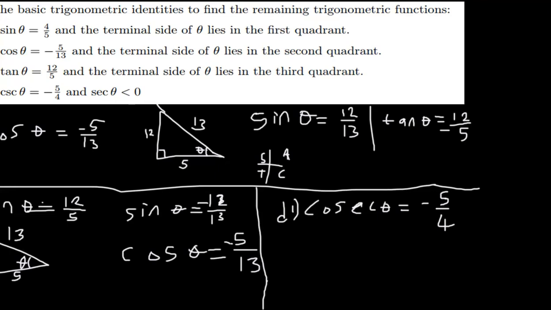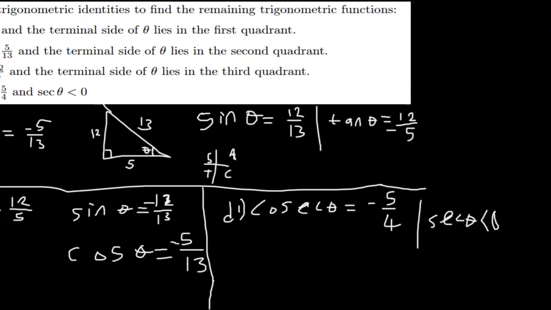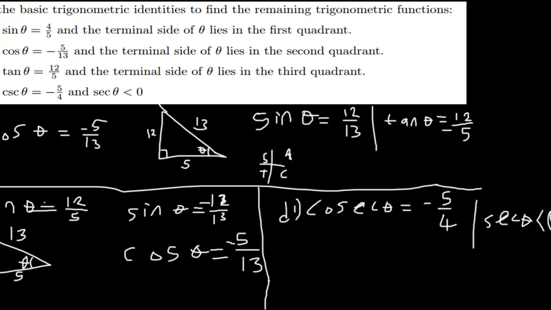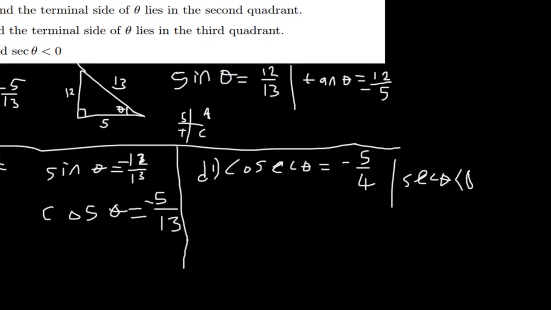So this is cosec theta. Okay. And then there's also another condition here, they are saying sec theta is less than 0. So sec theta is less than 0 and cosec theta is equal to negative 5 over 4.